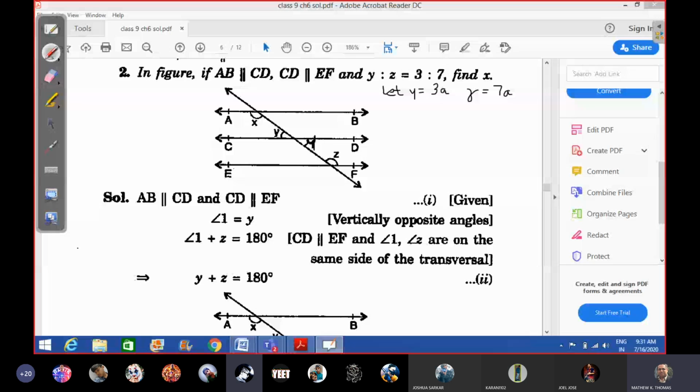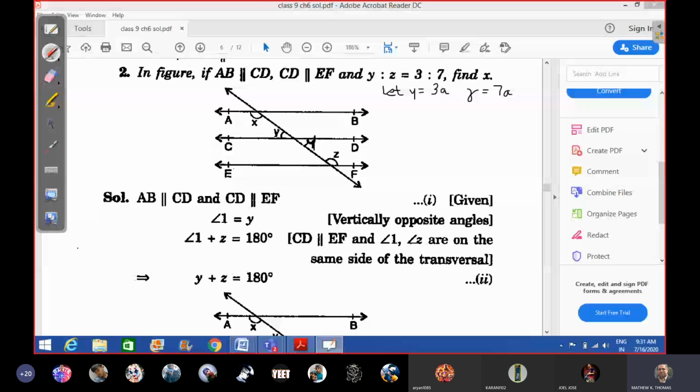If two lines, AB and CD are parallel, CD and EF are parallel, from this what can we conclude? Any conclusion from this?